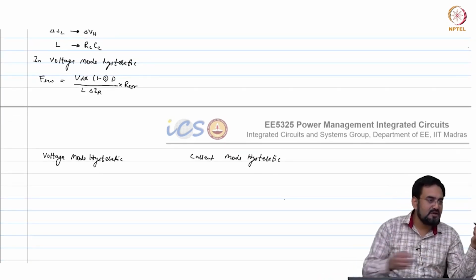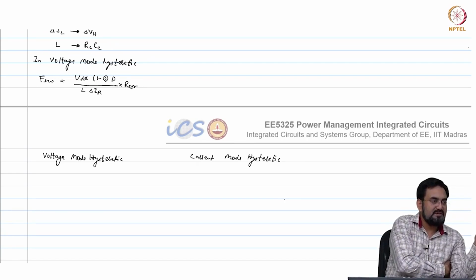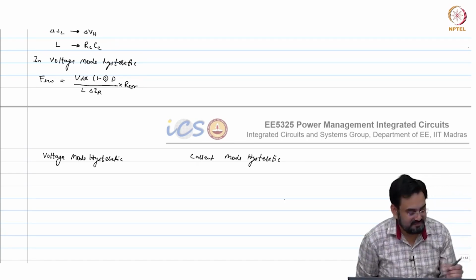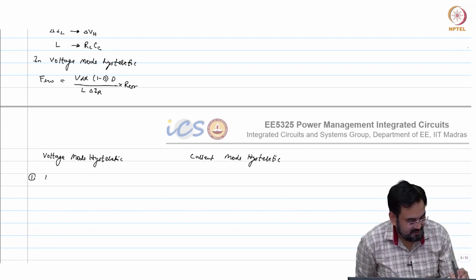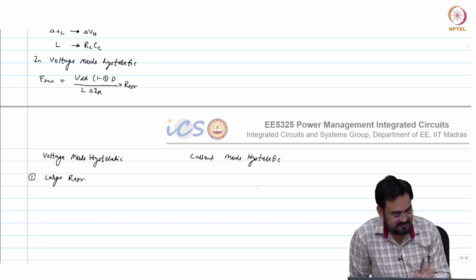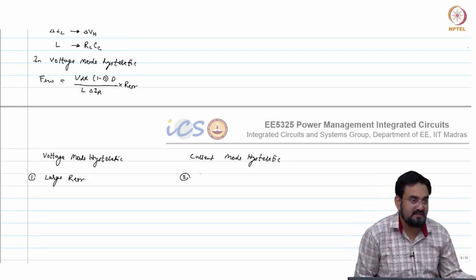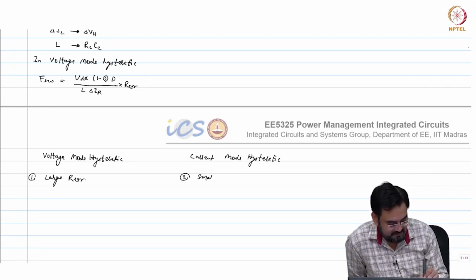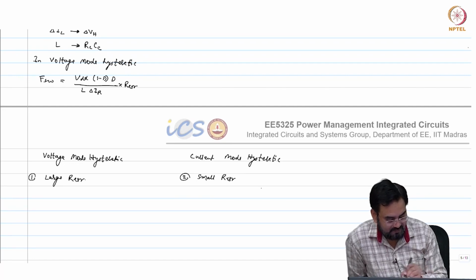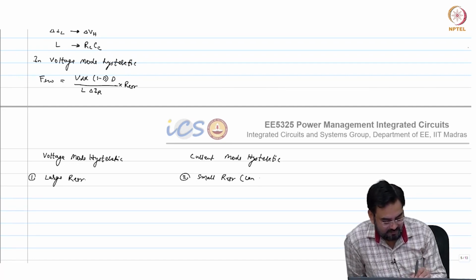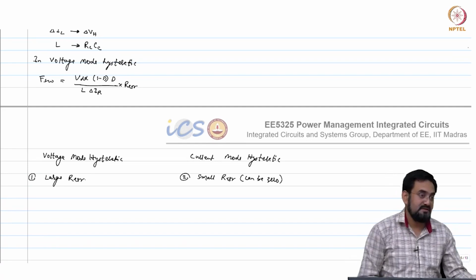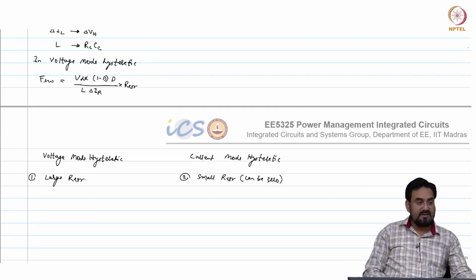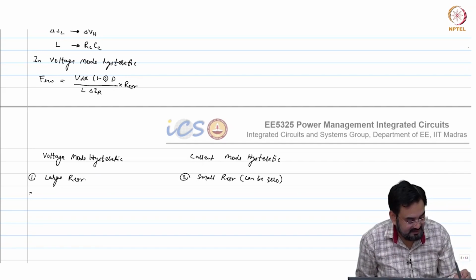So, what was the first drawback of voltage mode we talked about? Large ESR. So, number 1, large RESR. Here it is not depending on RESR, so it can be 0 actually, and it will still work. What was the second thing?